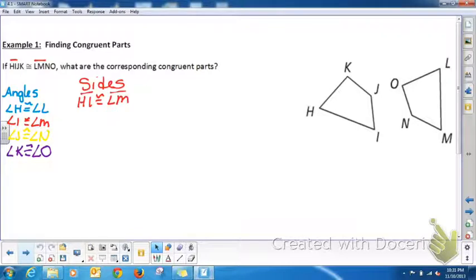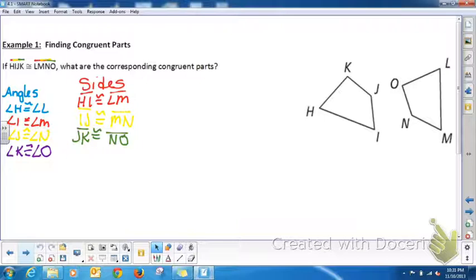The next pair I could say would be IJ and MN. So it's really that easy. You have to name the letters that match. So I matches to M, so it goes first, and it goes first in the other. So on and so forth. JK to NO. These are all corresponding congruent parts.